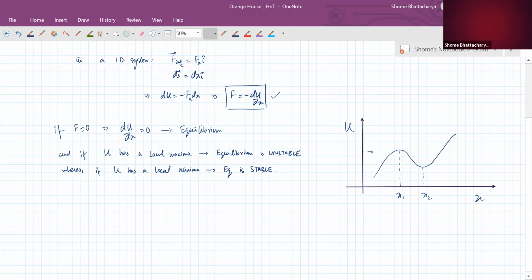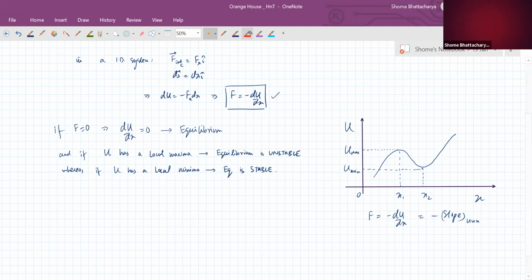So now remember that when you look at the graph, the relationship between force and the graph of potential energy with respect to x is that the force is the negative of the slope. There's a local maxima here. There's a local minima at this point, x2. Okay. So now remember that force being negative of dU by dx, that means in terms of the graph, it is the negative of the slope of the U versus x graph.